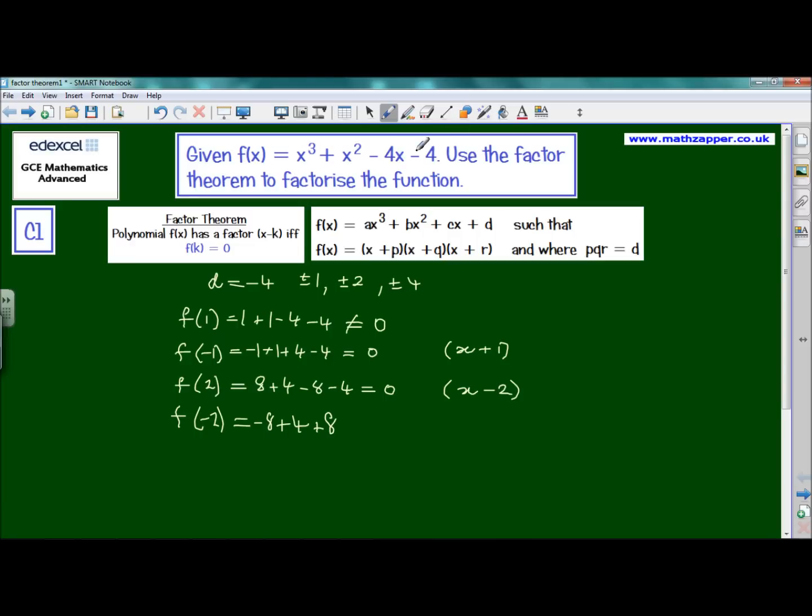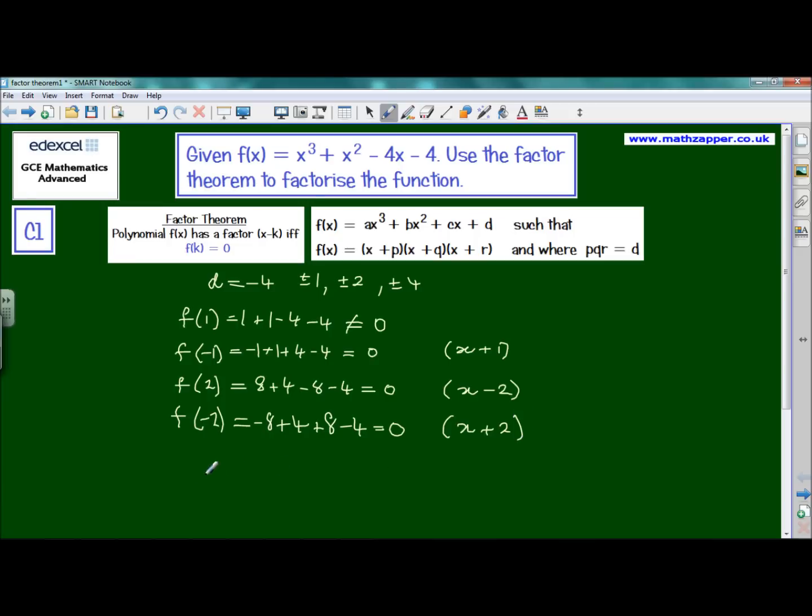And then finally we've got minus 4. And that gives us minus 8 plus 8, 0, plus 4 minus 4, 0, again gives us 0. So k is equal to minus 2, so x minus k is x plus 2. So x plus 2 is the other factor.